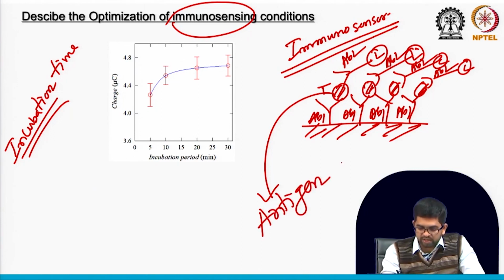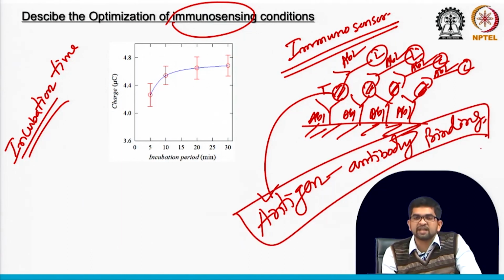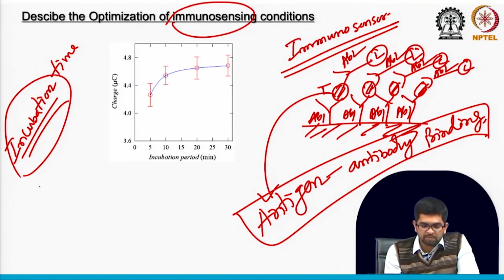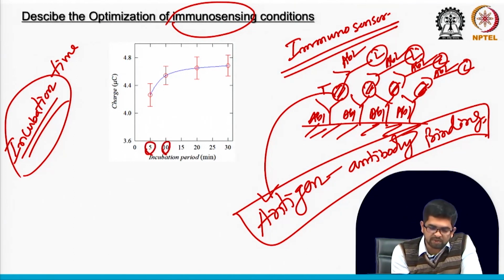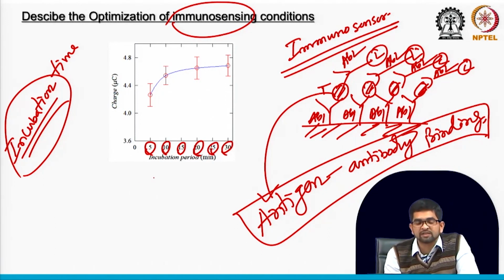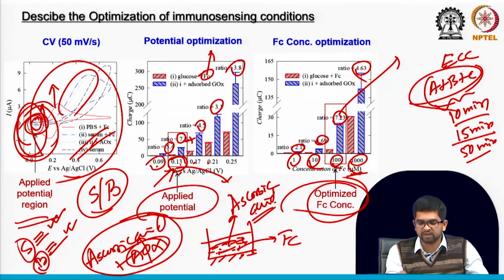It is a somewhat slow reaction, and this antigen antibody binding may take some time. This incubation is what you have to optimize. It may take 5 minutes, 10 minutes, 15, 20, 25, 30 minutes. At different time intervals, you can check the binding effect. You can check it with the signal to background ratio.